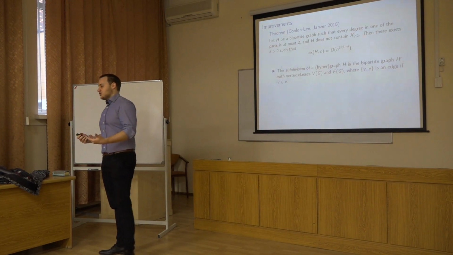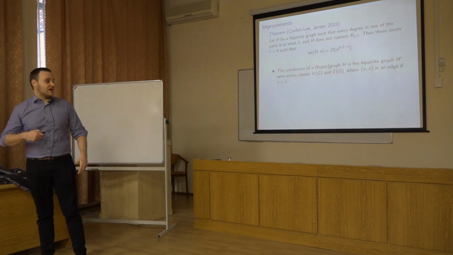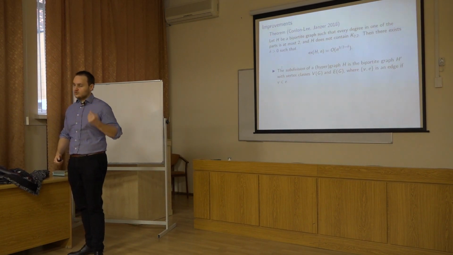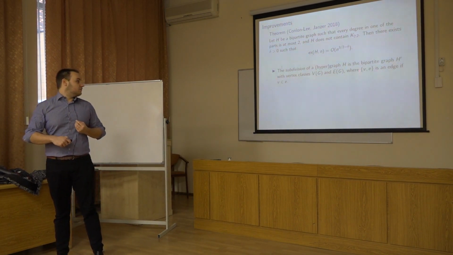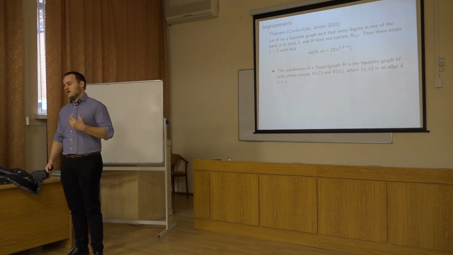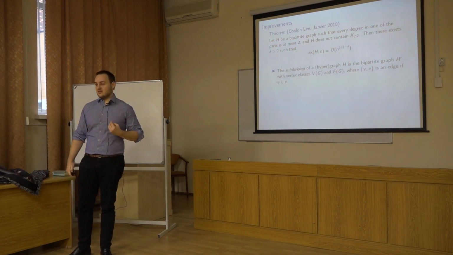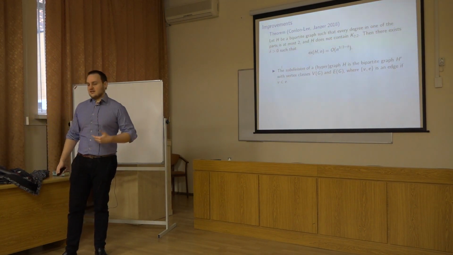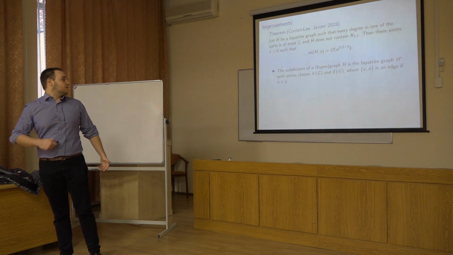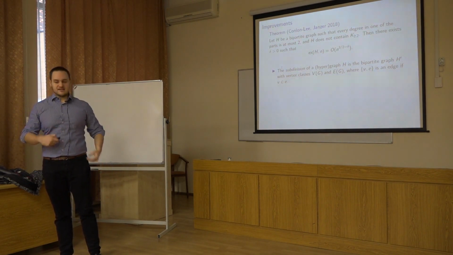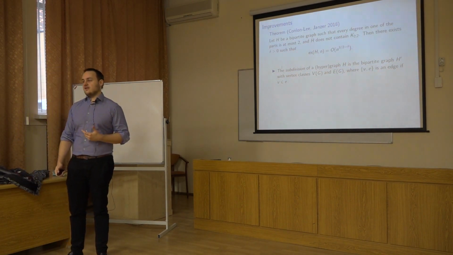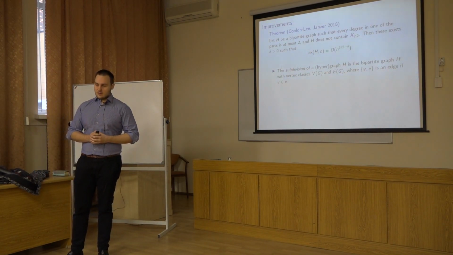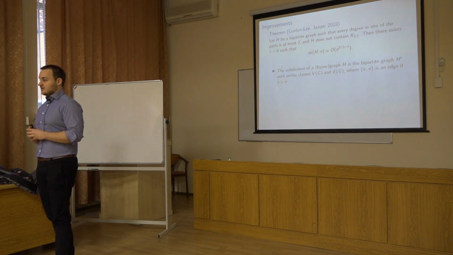Now, because every edge contains 2 vertices, these graphs satisfy the property that every degree in one of the parts is 2, and also because we are talking about graphs and not multigraphs, this graph is also going to be K_{2,2}-free. So in particular, this theorem could be reformulated: if we have a subdivision of a graph, then its extremal number is at most n^{3/2 - δ} for some positive constant δ. So this was about the case t equals 2.